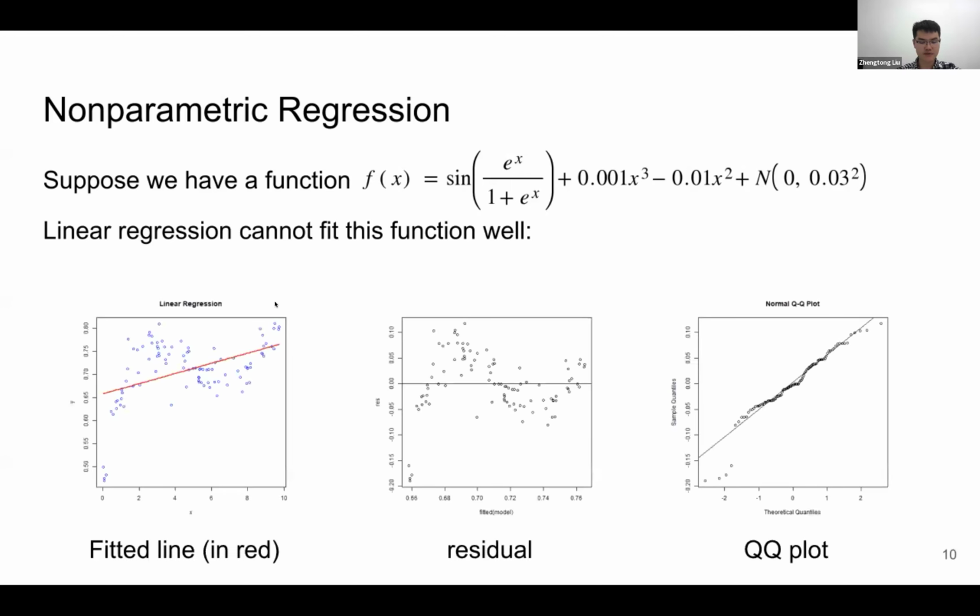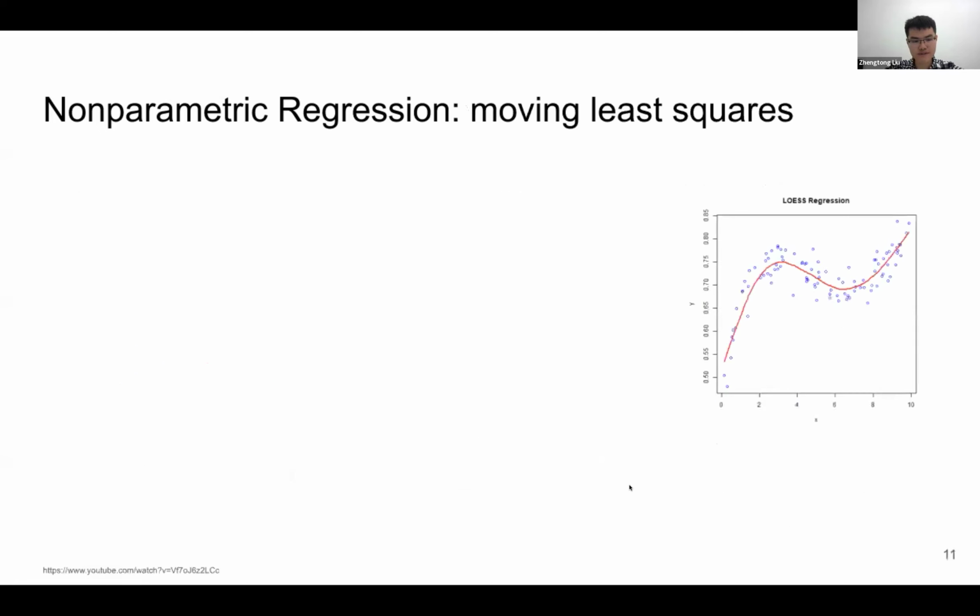For example, if I do the experiment in R, sample some points of this function, and draw a linear fitting curve in red, we can see that it is not fitting well. And as we learned in class, we can also draw the residual plot and QQ plot. We can see the residuals are not distributed randomly around zero, and the QQ plot has some big tails. So how do we address this problem?